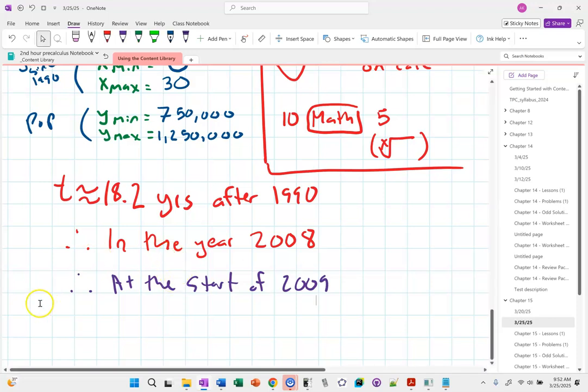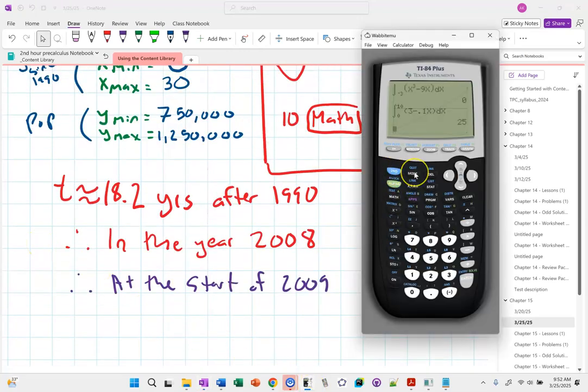All right. So what will the population be for this same thing in like 100 years? Well, all I would do then is just plug 100 in for t, right?